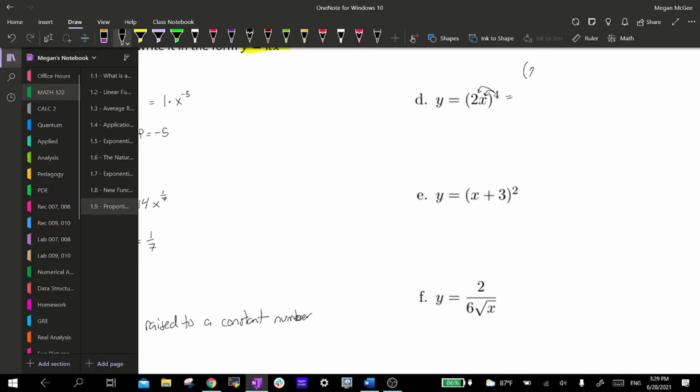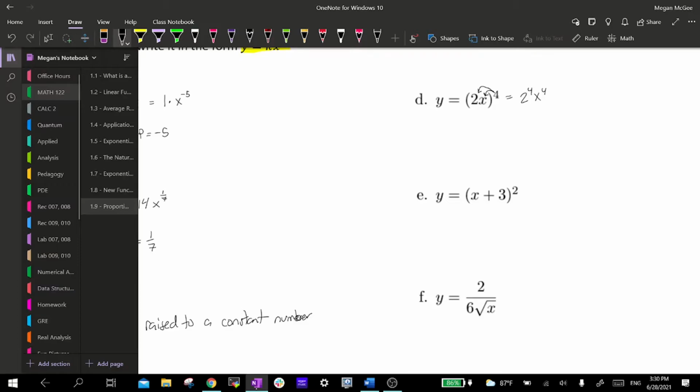I'll just make a quick note over here. If we had 2 plus x raised to the 4th power, we could not do that. So only when there's multiplication happening inside our parentheses can we distribute our power. So this is now 2 to the 4th times x to the 4th, right?